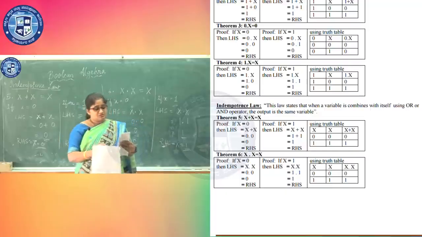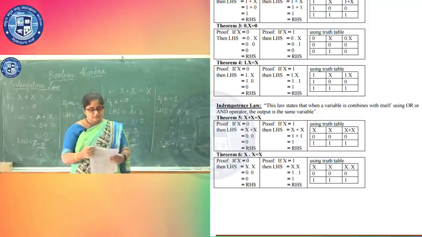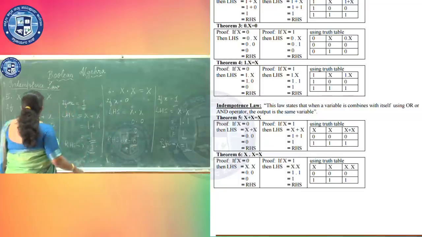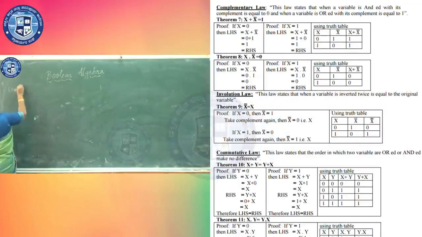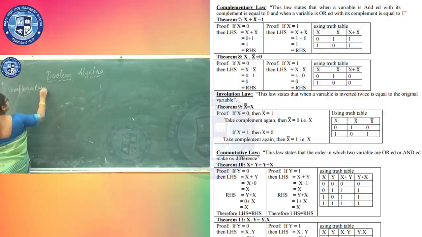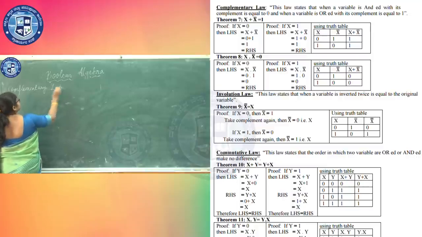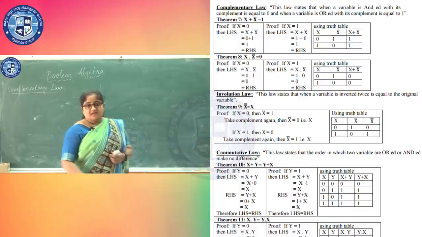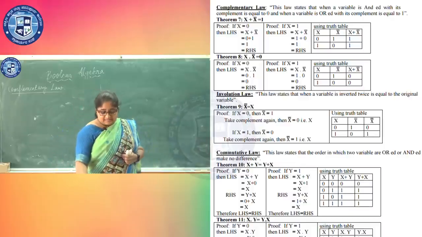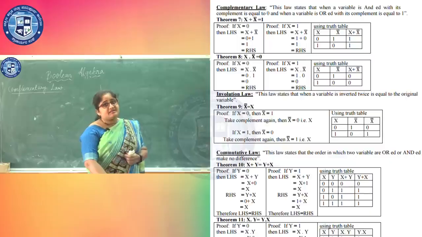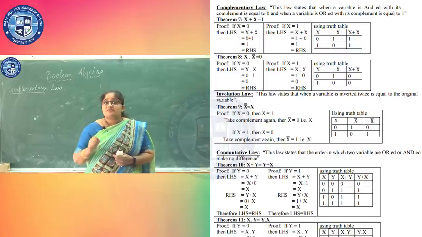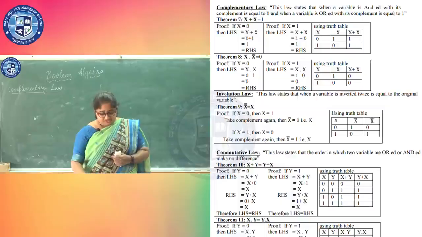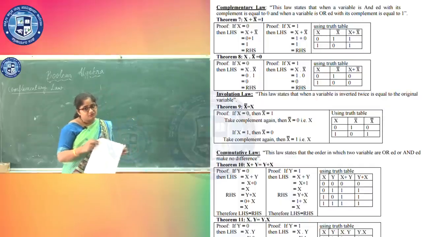After that, next we have the complementary law. This law states that when a variable is ANDed with its complement, it is equal to 0, and when the variable is ORed with its complement, then the value will be equal to 1.